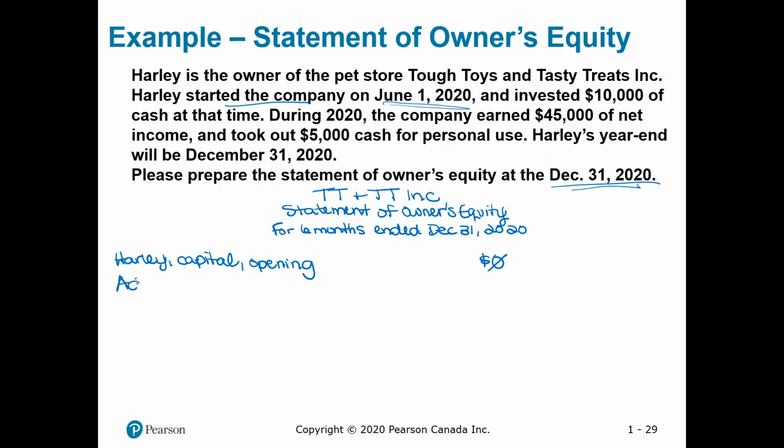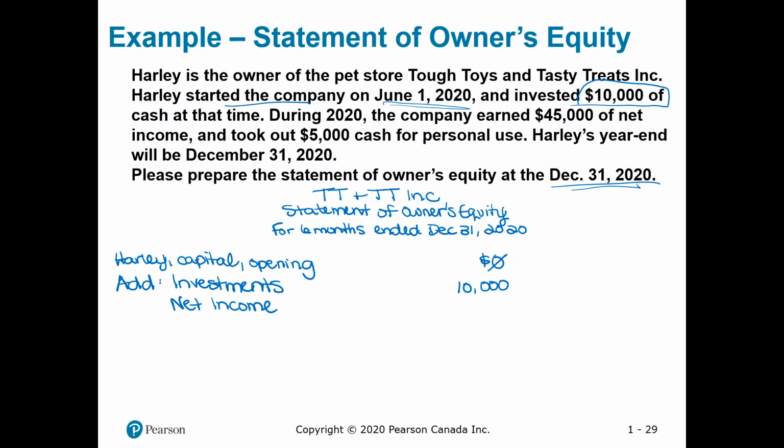Now, we always look at what we add first. The first thing that we add in is any investments by the owner. So if we find that here, Harley started the company on June 1st and she invested $10,000 of cash at that time. So we will add that investment in. Next, we add in our net income that was earned.